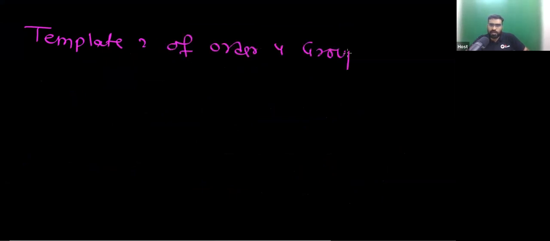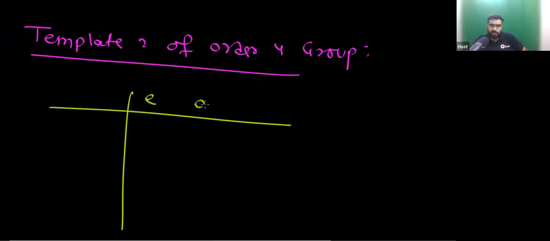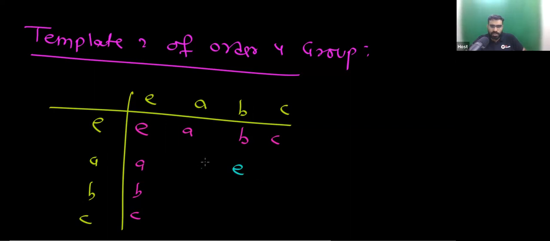This is your template 2 of order 4 group. In this template you can create the Cayley table. It will be like E, A, B, C. A inverse is B, so this will be E. Now you cannot put C here, so you have to put B here.